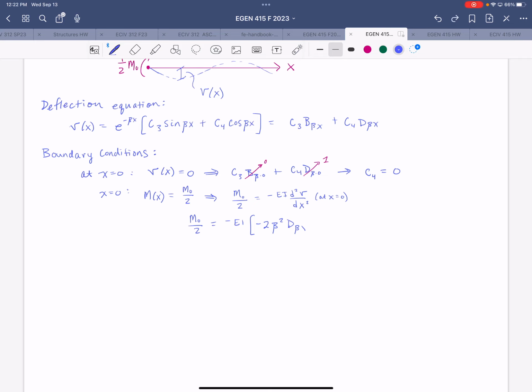And since we're evaluating it at 0, I'll leave it as that, and I'll just make a note in a moment. Times constant C3, and then again just plus 0 from C4 being equal to 0. Since beta x is equal to 0 in this scenario, we already determined that d beta x is 1.